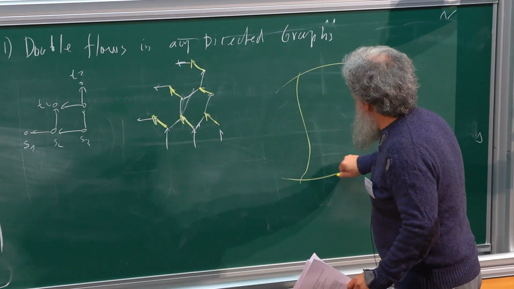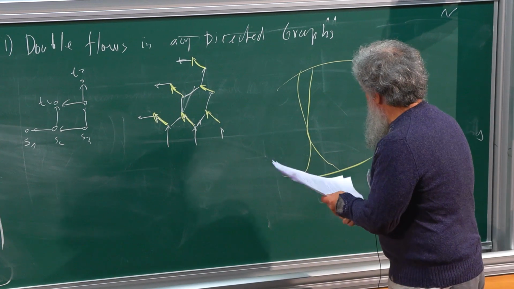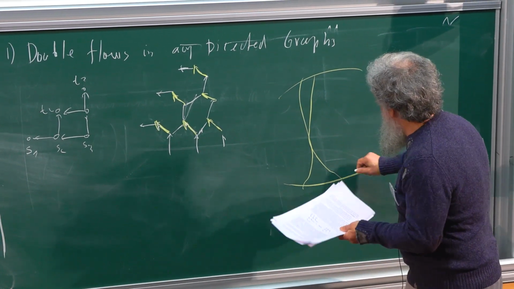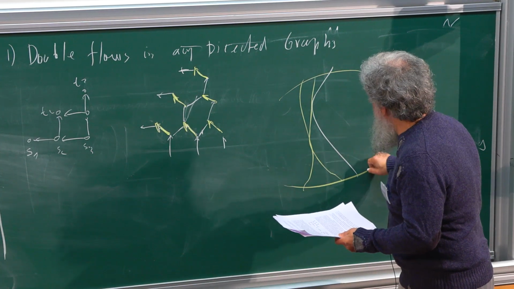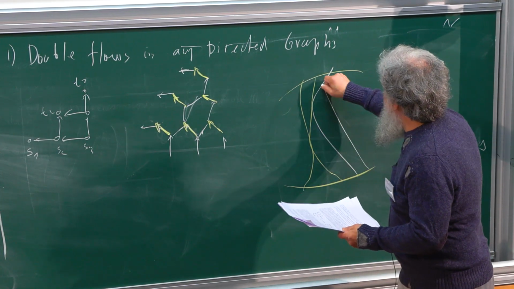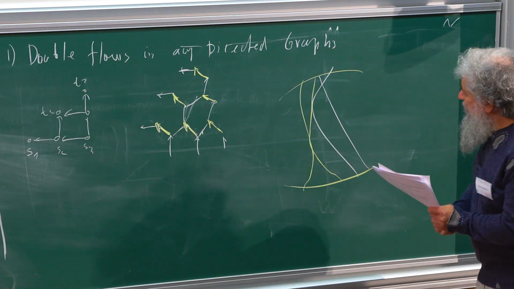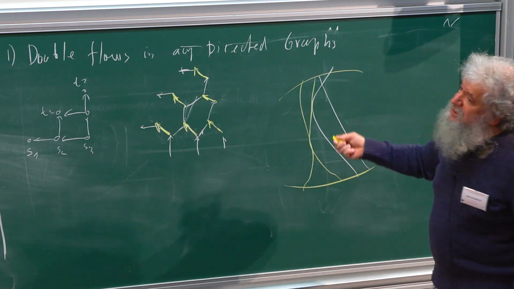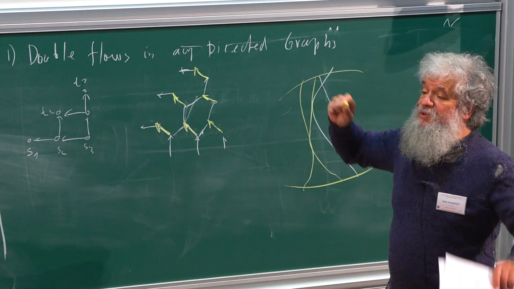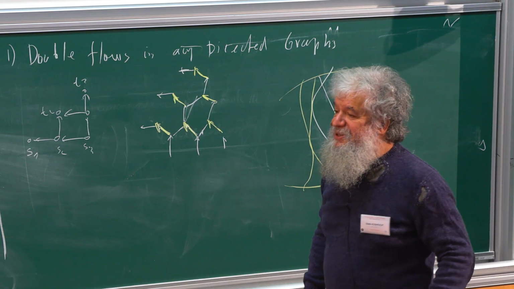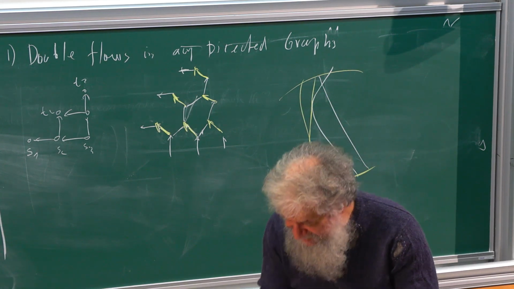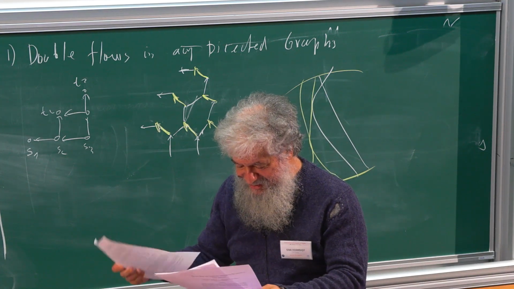Something goes like this for white, and for black maybe something like this. If we delete common edges, we have two flows. It's a bit hard to follow because white and black look similar.